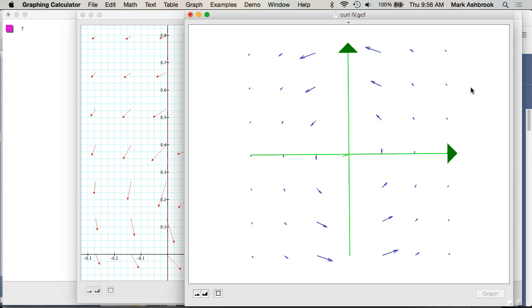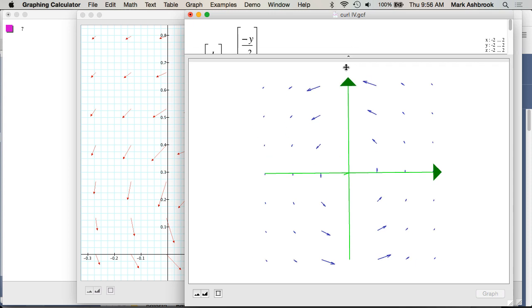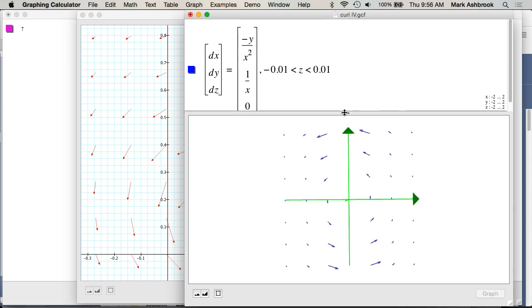Positive. Why positive? You haven't learned your lesson, right? What's the curl? Who knows? You can see that globally it's turning this way. So I'm going to tell you what this vector field is. It is (negative y over x squared, 1 over x, 0). I want you to find the curl algebraically.